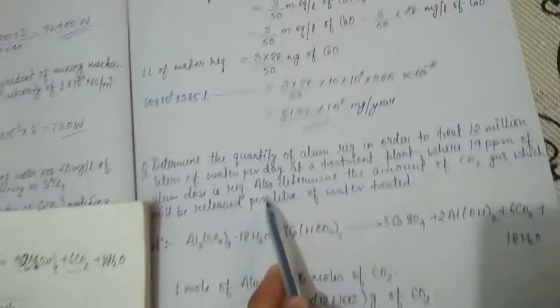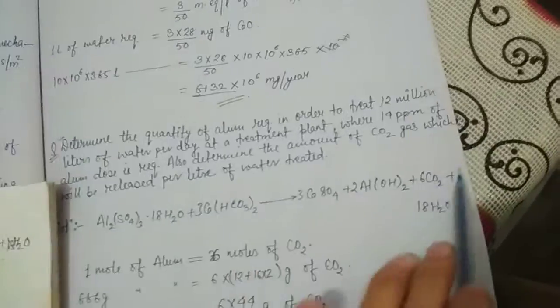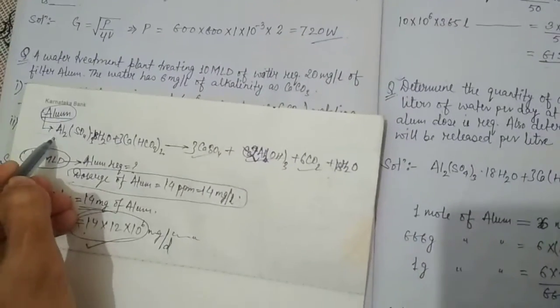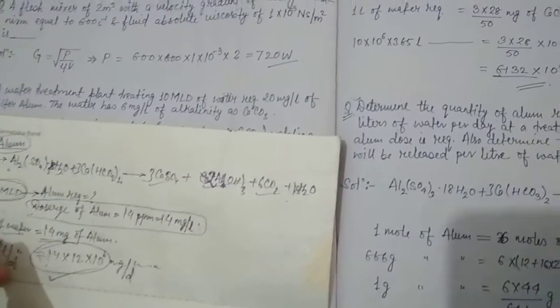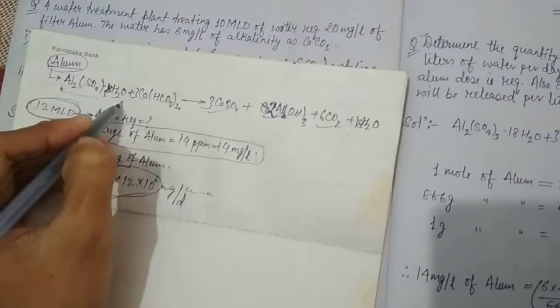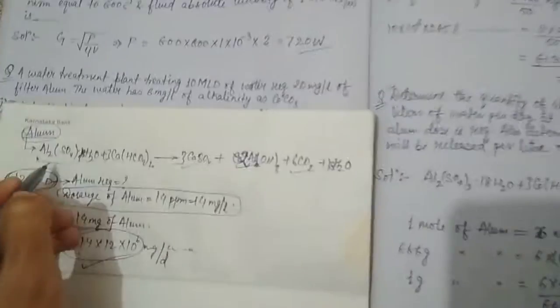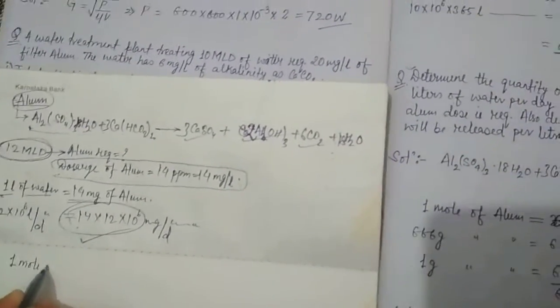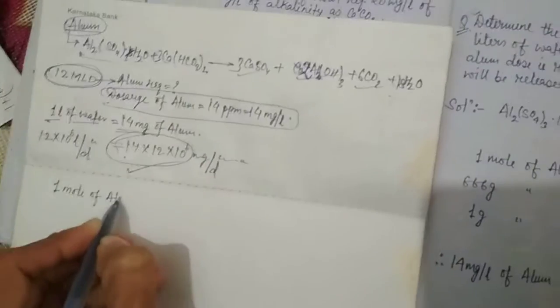It is asking for the amount of carbon dioxide gas released per liter of water treated. So we are asking for per liter, not for the 12 million. We know this equation. From this equation we can say 1 mole of alum, where mole is nothing but molecule.